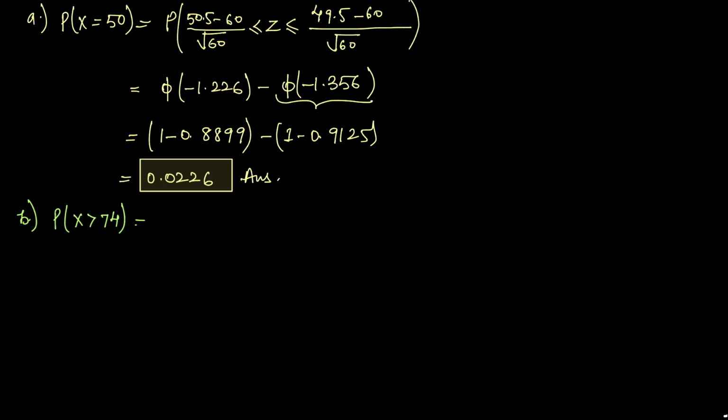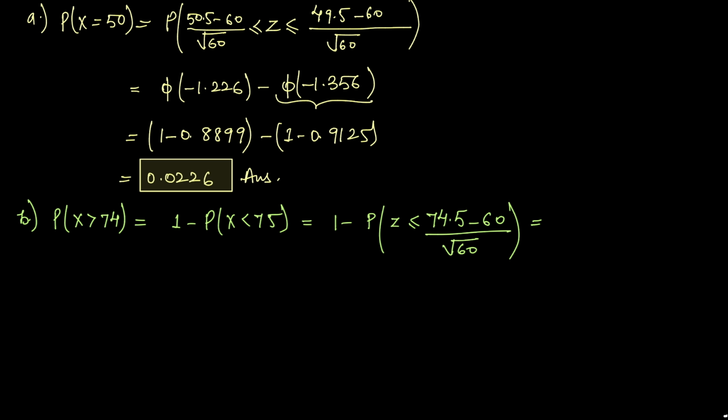When we need to find the probability of x greater than 74, we will do it as 1 minus the probability of x less than 75. Now this is less than 75, so we will apply the continuity correction, and this becomes z less than or equal to (74.5 minus 60) over root 60.